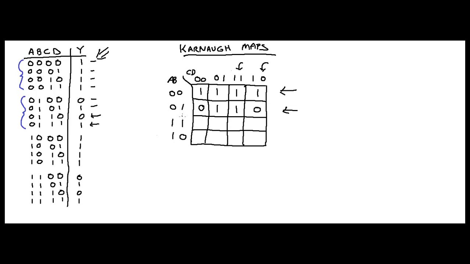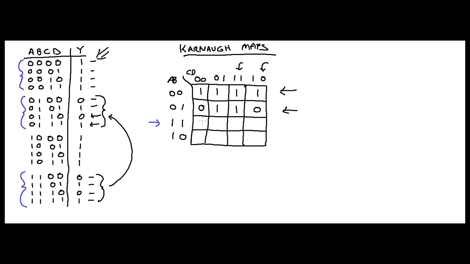All right. Now, let's look at the next group. If you notice, the next group is when A and B are 1, 1. And that is down here, isn't it? And if you notice, this group, right? 1, 2, 3, 4. This, that's identical to this group, isn't it?